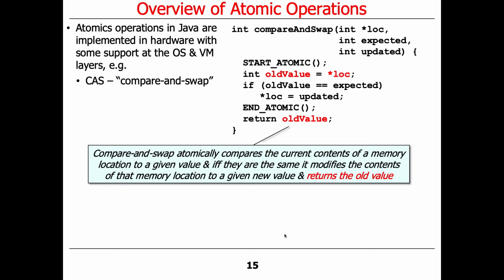And no matter what happens, whether we did an update or not, we are returning the old value, the original value. So we store the old value, check to see if the old value equaled the expected value. If it does, we update the location to the updated value, and we always return the old value. And all that stuff takes place atomically.